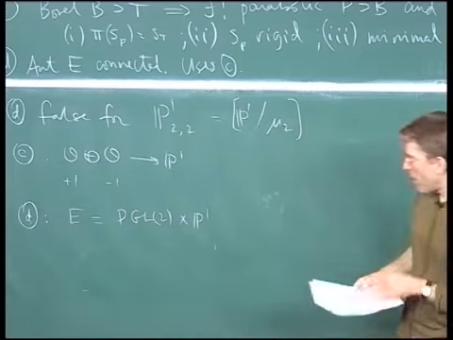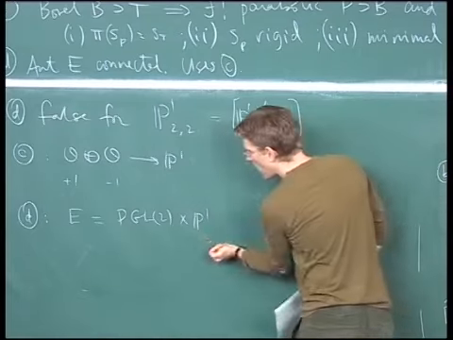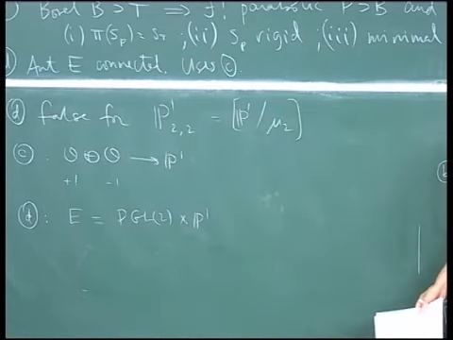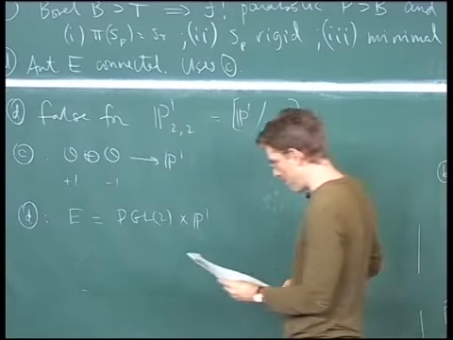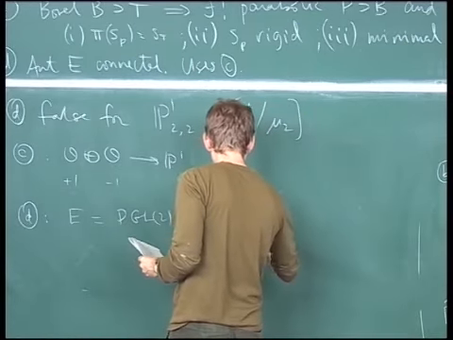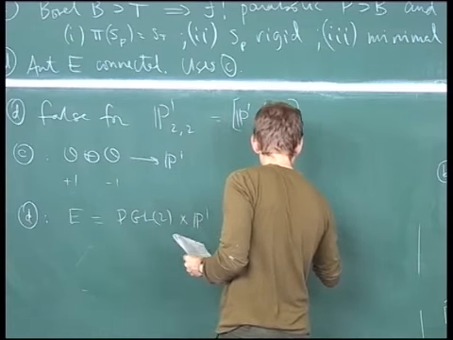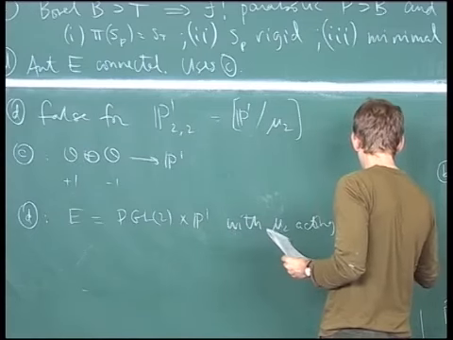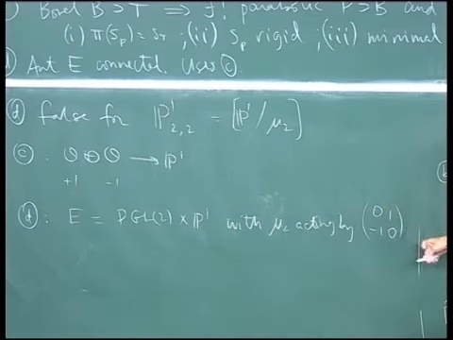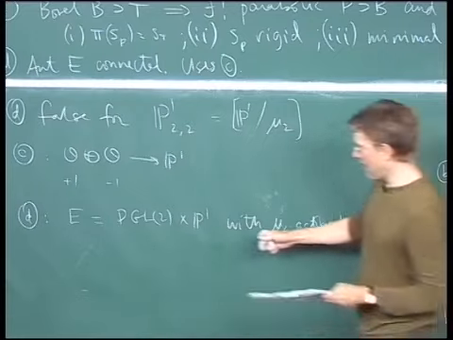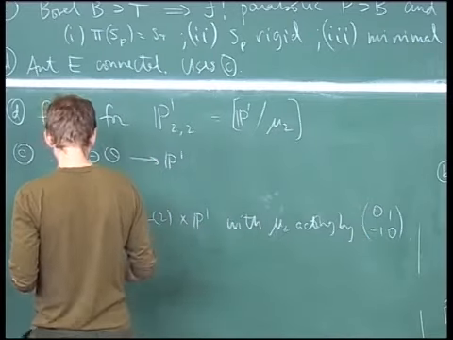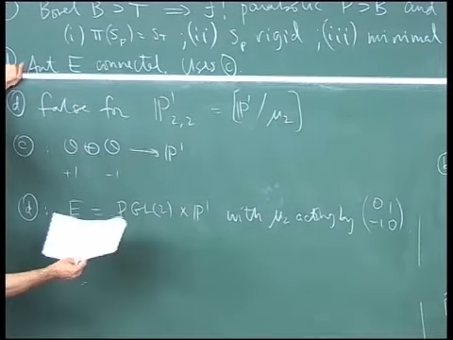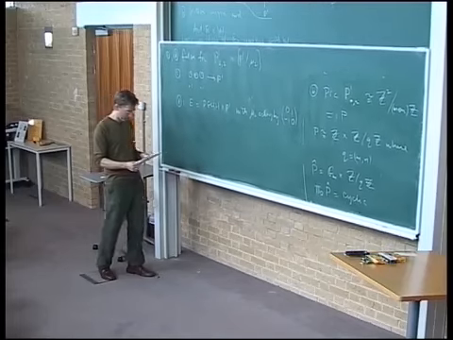So if I just take the trivial bundle on P1, and once again I want to make this into a mu2-equivariant principal bundle, so just let it act by your favorite element whose centralizer, if this is regarded as an element in PGL2, is not connected, and that will immediately tell you that the automorphism group of E will essentially be that centralizer.